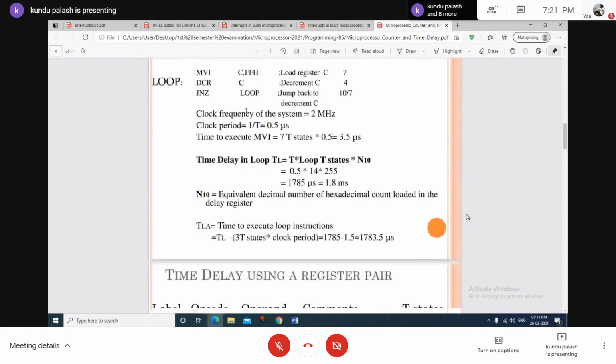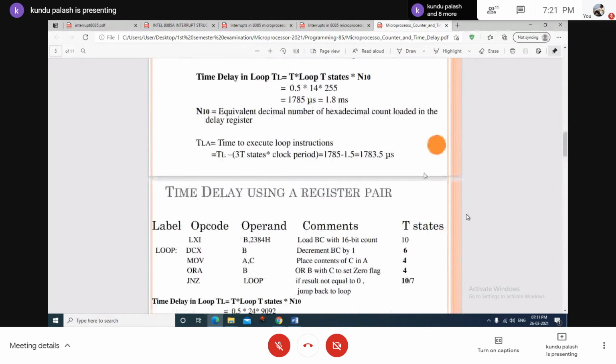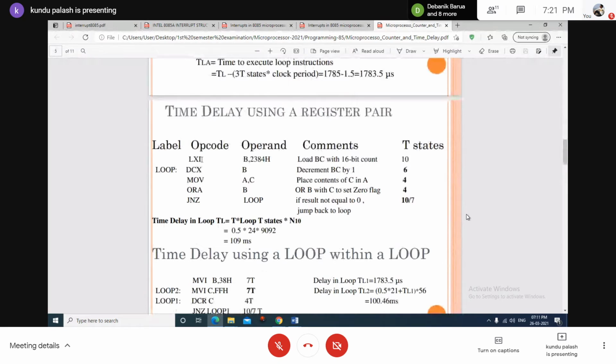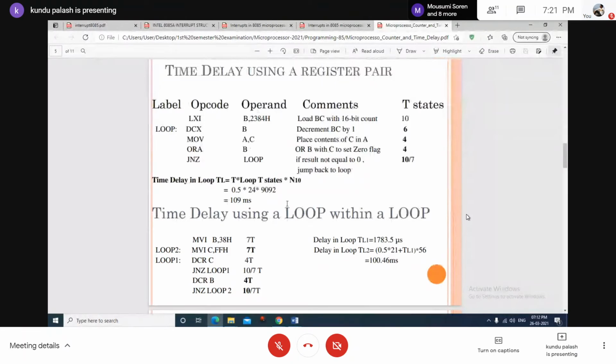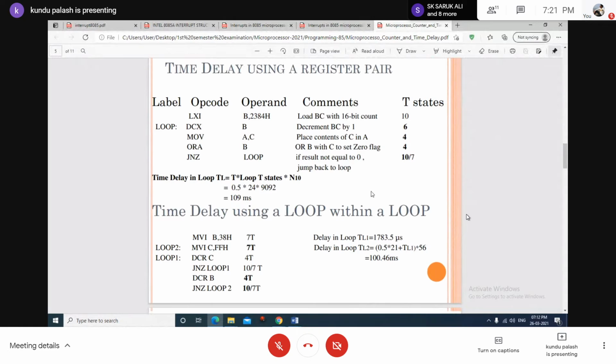But if we require a higher time delay, then we must use a 16-bit register like the BC pair. So the time delay for one loop is 109 milliseconds, which is much higher. Again, more time delay can be generated by a nested loop statement like this.